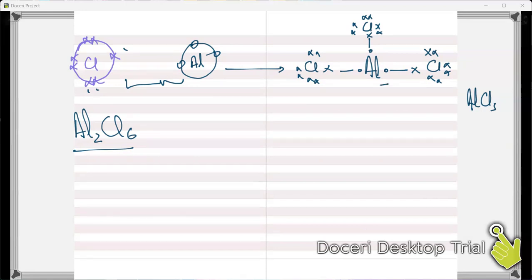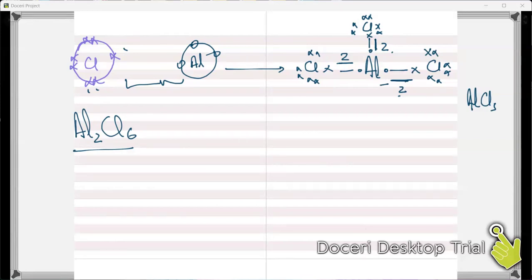Aluminium has a capacity of what? If you look at aluminium only, it has 2 electrons over here, because it has shared with chlorine. That shared pair belongs to chlorine as well as to aluminium. So 2 electrons over here, 2 electrons over here. So this aluminium has 2 plus 2 plus 2, that is 6 electrons.